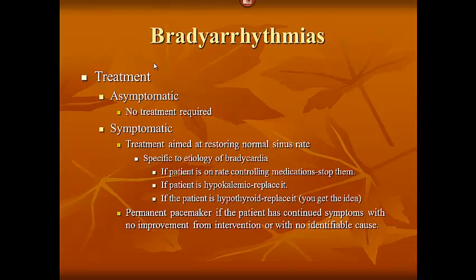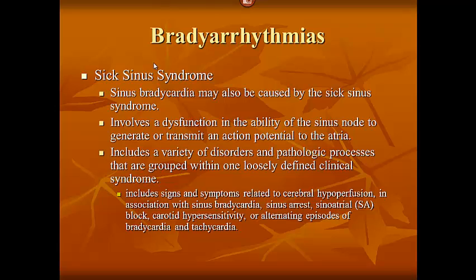If the patient has hypothyroidism, then you have to do a further workup and provide levothyroxine. A permanent pacemaker is indicated if the patient has continuous symptoms or if the cause has not been able to be identified.